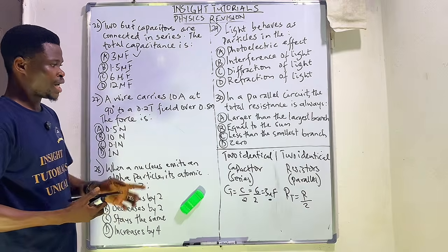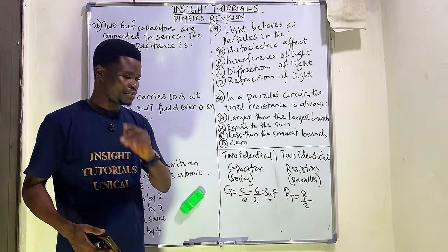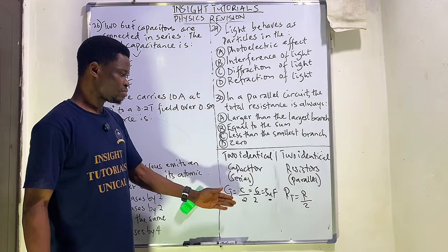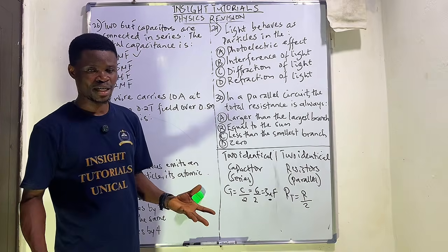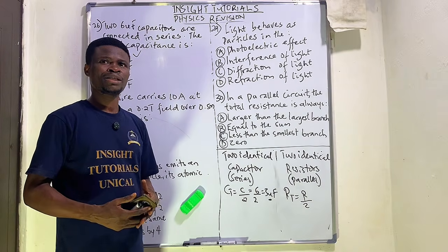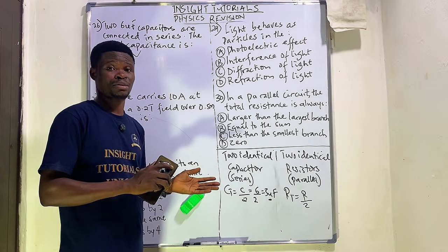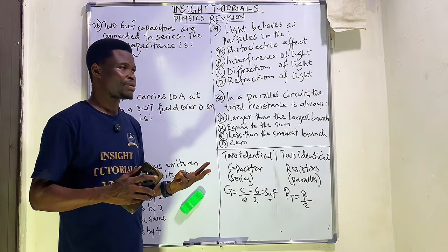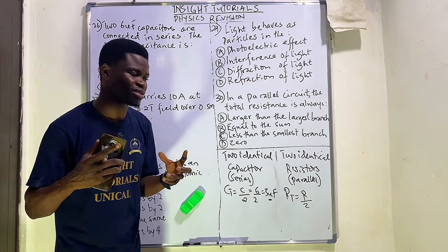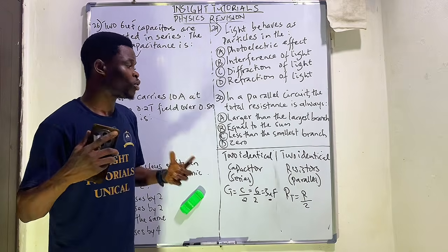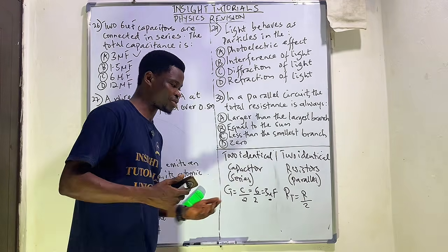Very important. With what we've done here, you should understand that if they are not identical, and let's assume they are not identical, and then you're dealing with total capacitance. Let's say you're given 2 capacitors. Okay, let me start with resistors before we go to capacitors.